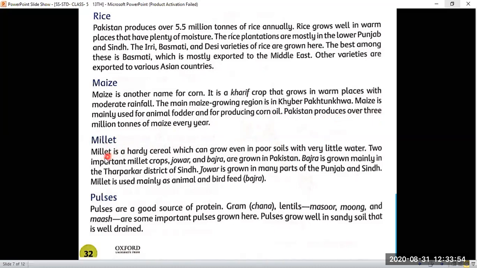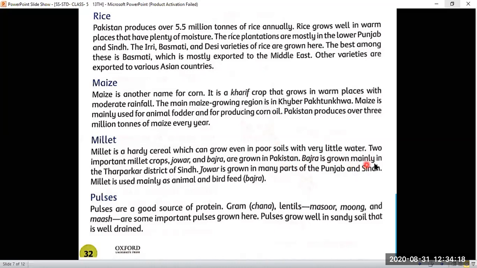Millet. Millet is a hardy cereal which can grow even in poor soils with very little water. Two important millet crops, jawar and bajra, are grown in Pakistan.